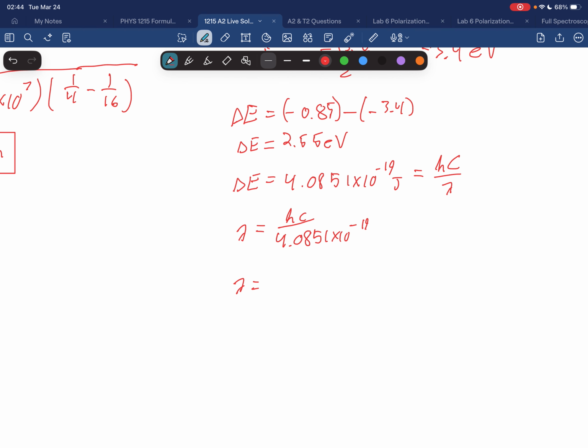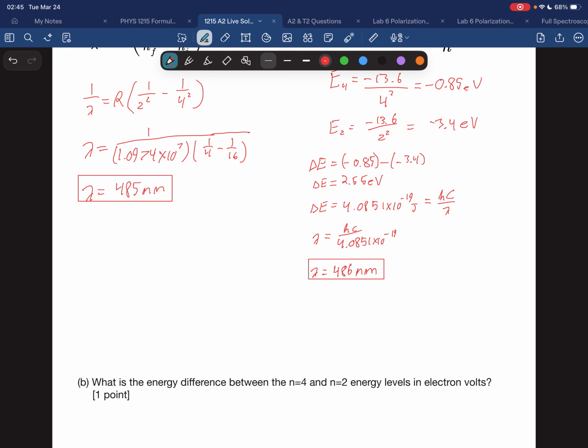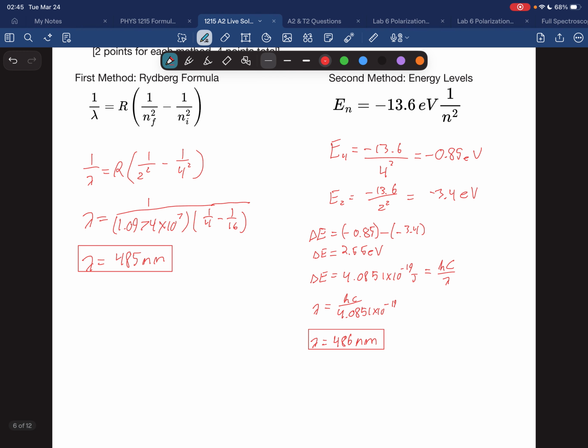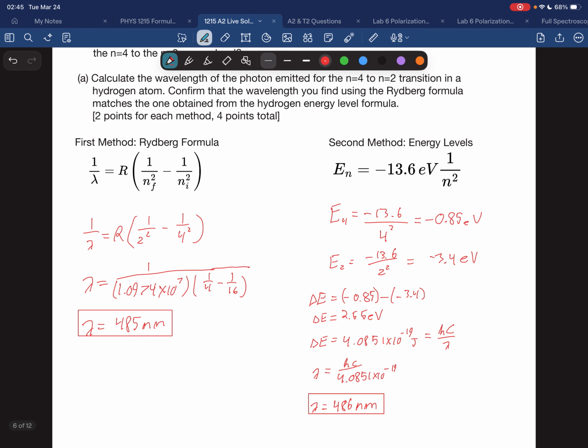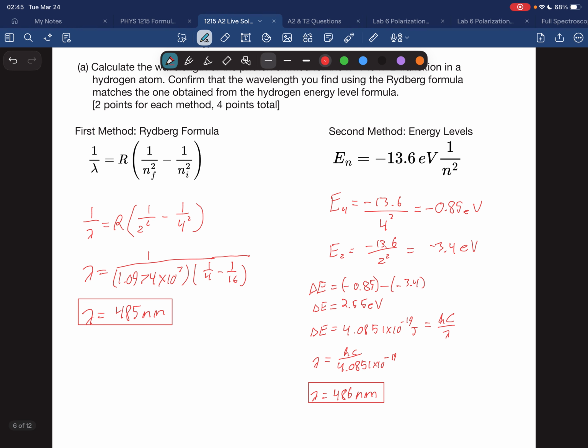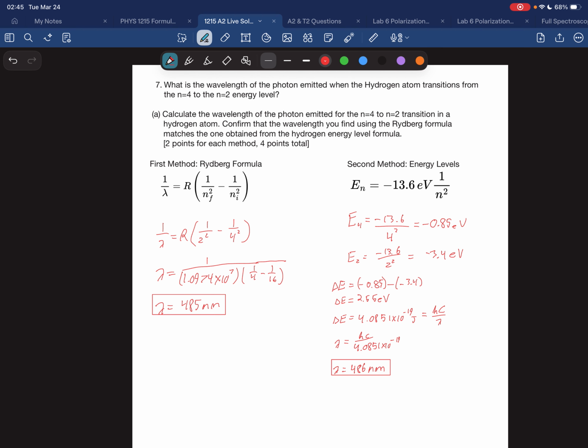Plugging in for the Planck's constant, speed of light, and punching all this in a calculator, I got 486 nanometers. Now this is a single nanometer larger than our other answer, but that's probably just due to some of the rounding I did along the way. So we have successfully answered part A here.